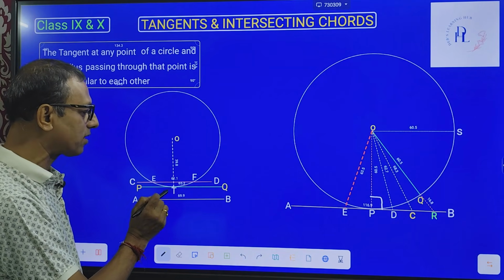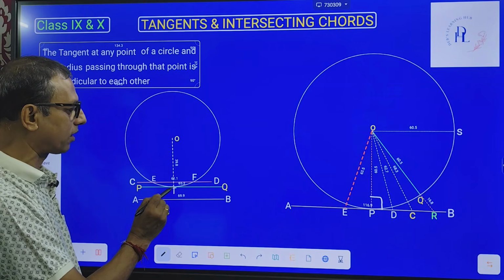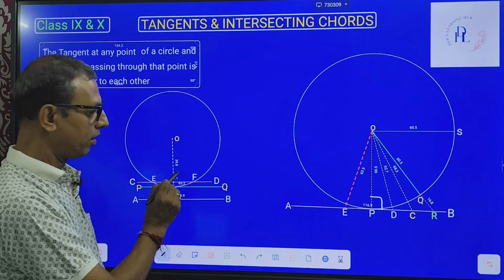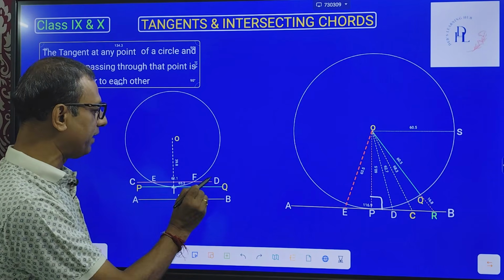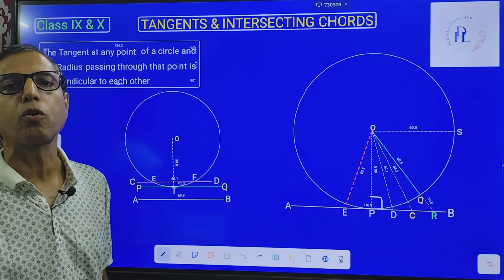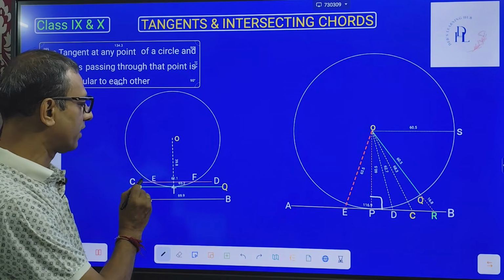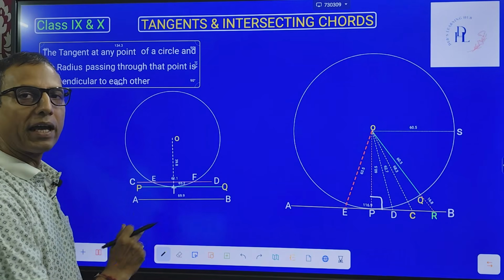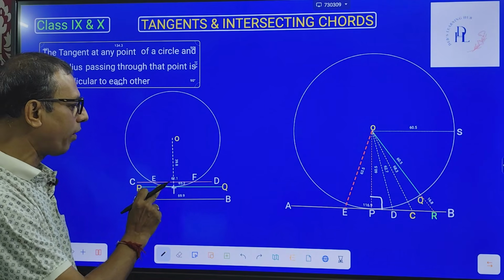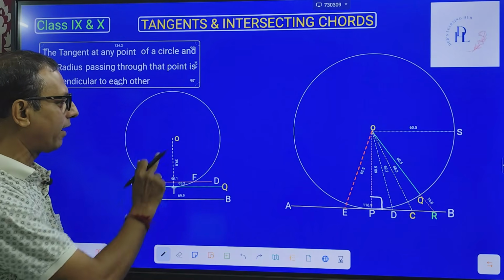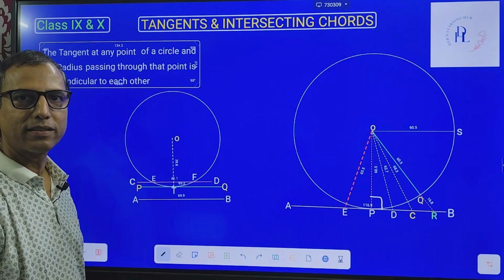And when the line goes inside the circumference of the circle, then it will intersect the circle, and that is called a secant or chord. So here CD is the chord and line PQ is the tangent, where this tangent touches the circle at point T, and OT is the radius.